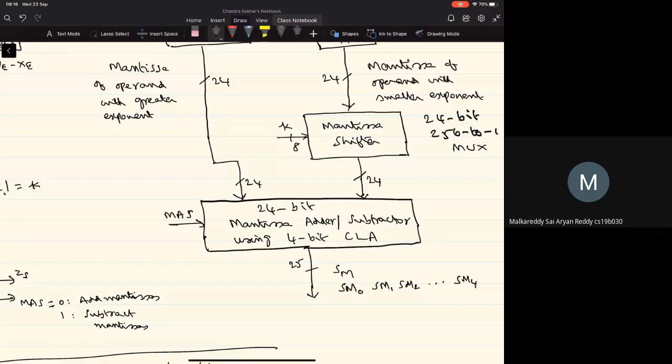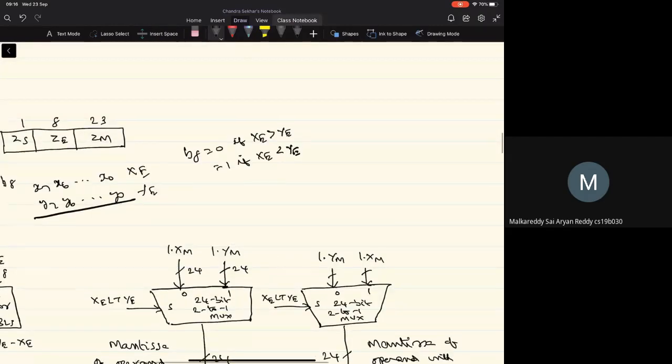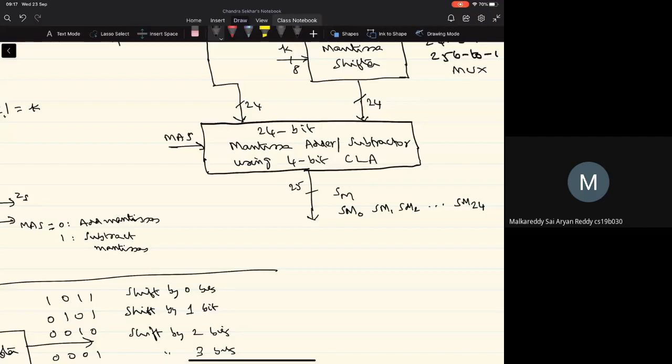So in total there are 25 bits. I'm calling them SM0, SM1, SM2, up to SM24. Where is the binary point here? Because we are passing on 24-bit mantissas with 1 point something for one mantissa, and the other one is shifted, the implicit binary point is between SM1 and SM2.